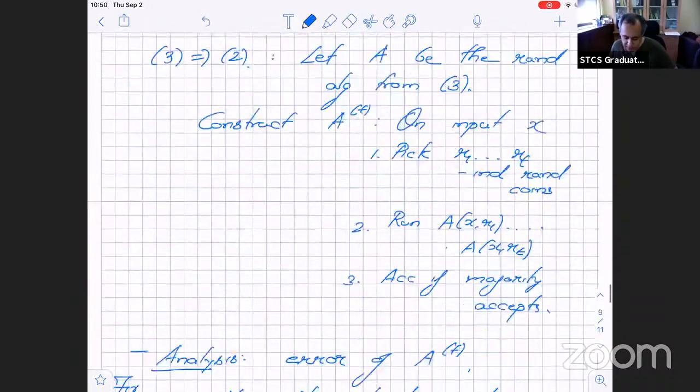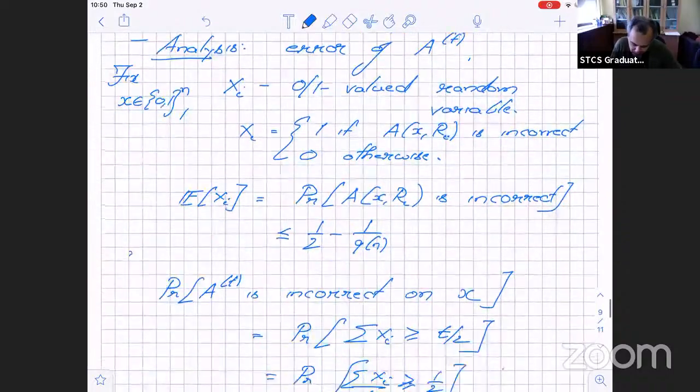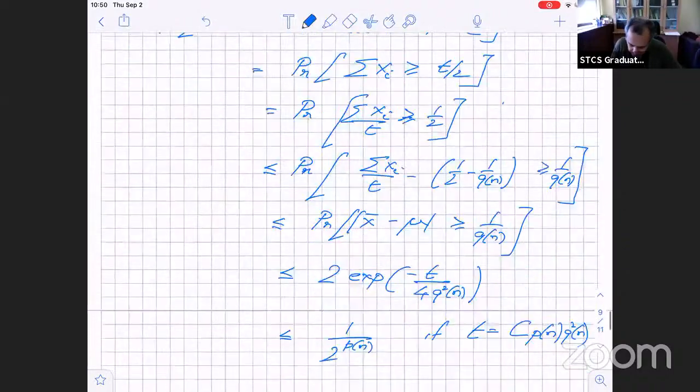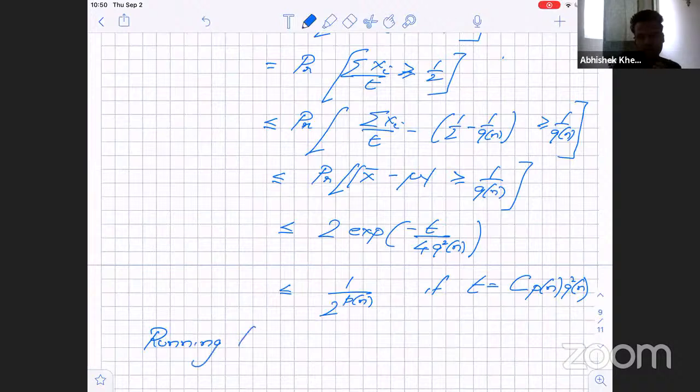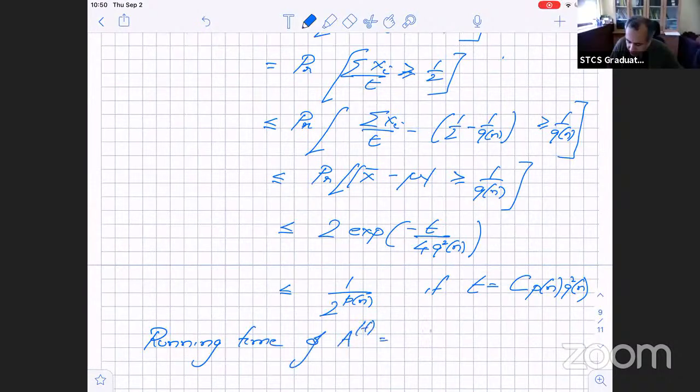Now, let's look at what is the running time of A_T. It's the running time of A times T, plus computing majority. Let's assume computing majority is easy, it's one fixed polynomial.